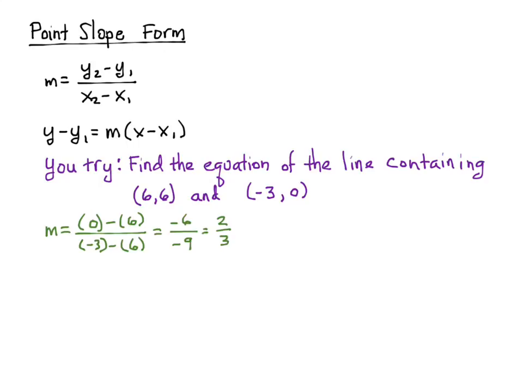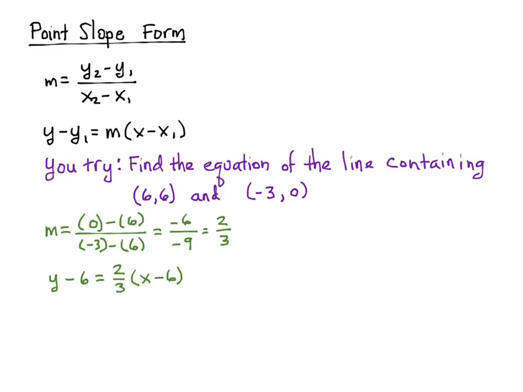So you take the differences in the y's, so that would be 0 minus 6, and divide it by the difference in the x's, which is negative 3 minus 6. Notice I'm using the parentheses here so I can keep track of that middle negative and not get confused by the negatives in my numbers. Then I can simplify that by saying negative 6 over negative 9. That, of course, reduces to 2/3.